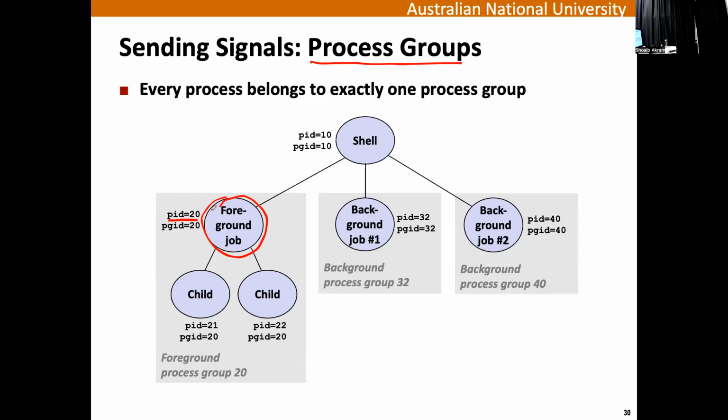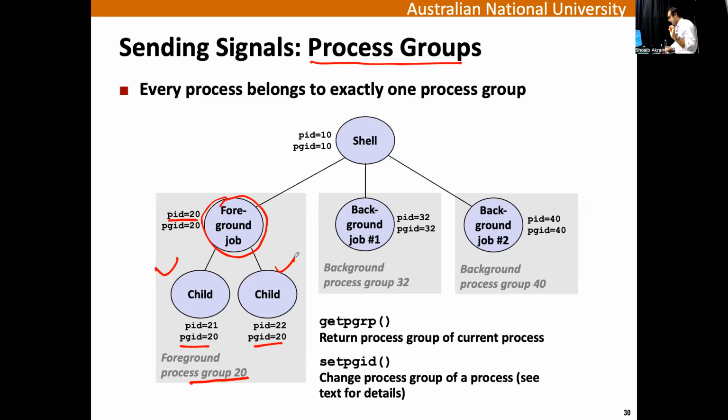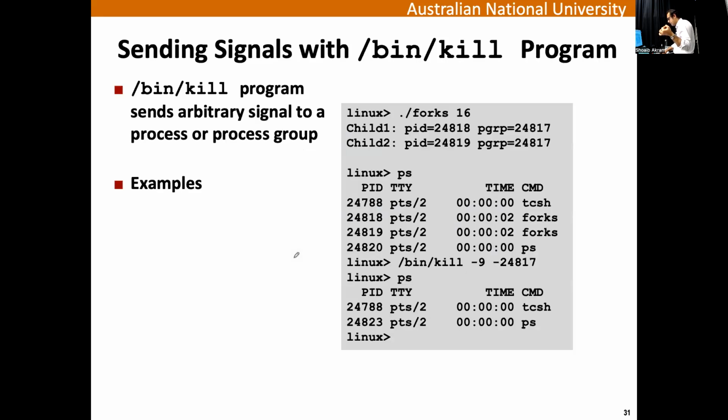You have a foreground job that creates two child processes, and they both are in process group 20. This is just something that will be useful in a bit. Each process belongs to a process group, and we can get the group and we can set the group using utility functions.